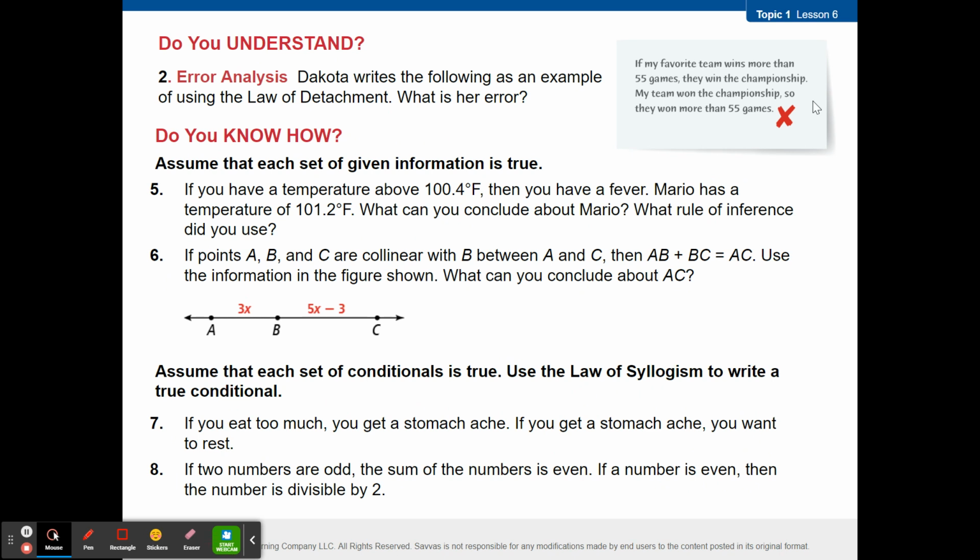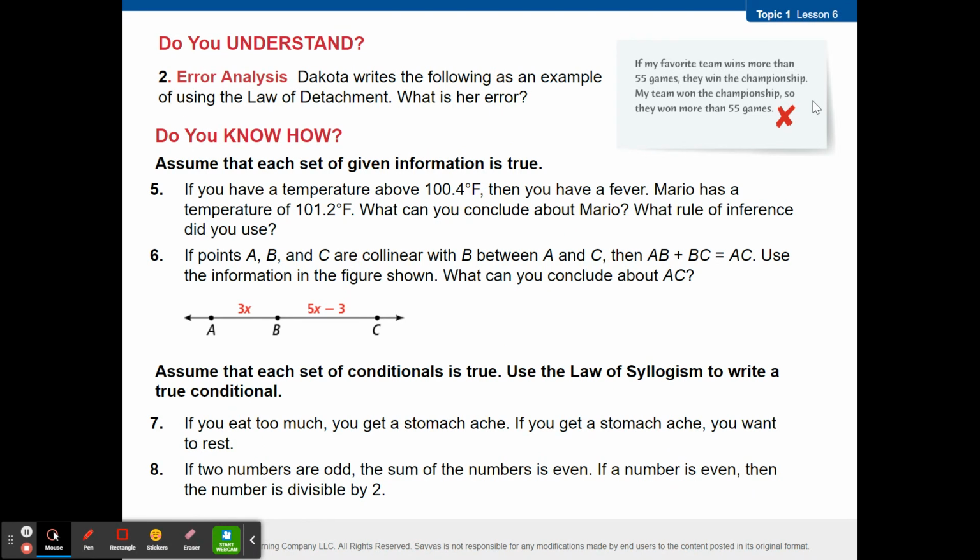It links together. It's almost like if you have A equals B and B equals C, then by definition A has to equal C, right? Same idea, but it's involving logic instead. Does that kind of help?